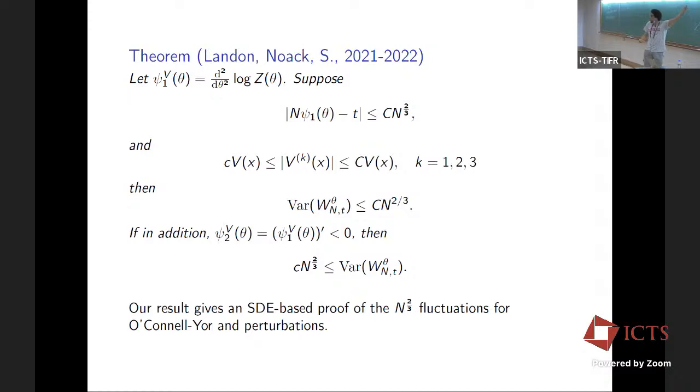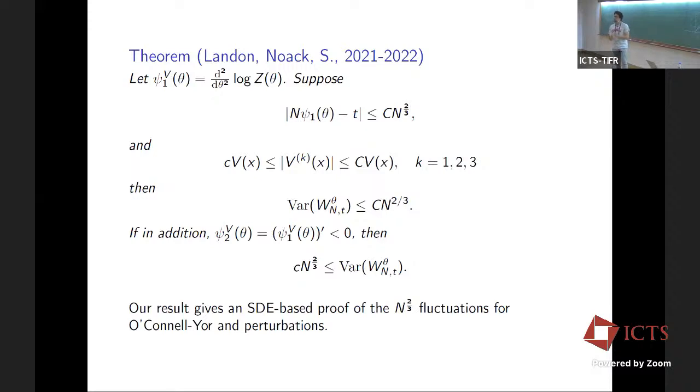Of course, we know that we need some condition, because I told you for the Gaussian case, the fluctuations are smaller if we just look at a quadratic potential. And in passing, the result also gives an SDE-based proof of the n to the 2/3 fluctuations for the O'Connell-Yor polymer. So you don't actually have to know that it comes from a Gibbs measure.